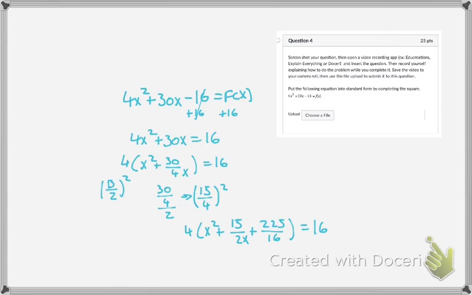So what you do to one side, you have to do to the other side, so we have to add it also to the other side.